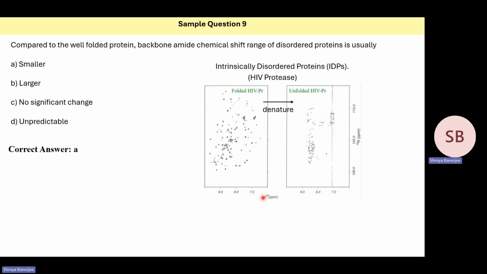This is the amide hydrogen, which is part of the backbone, and you can see the dispersion becomes smaller. Here it was 7 to around 9.5. Here the dispersion is around, say, 8.2 to 8.5 or something like that. Much smaller dispersion. So the correct answer is A.